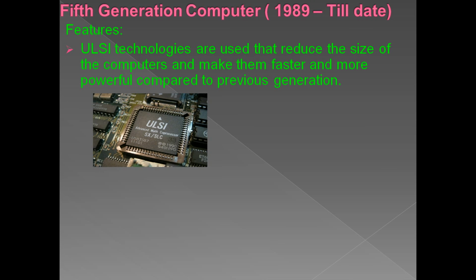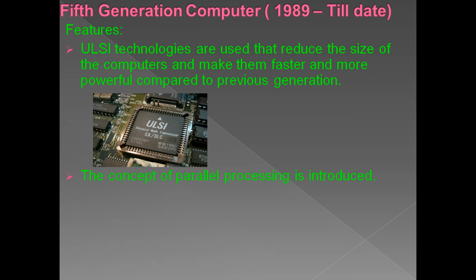The concept of parallel processing is introduced. Parallel processing means doing many jobs at the same time. For example, if you are browsing the internet, at the same time you can hear music, at the same time you can download, and at the same time you can copy a file from one place to another.